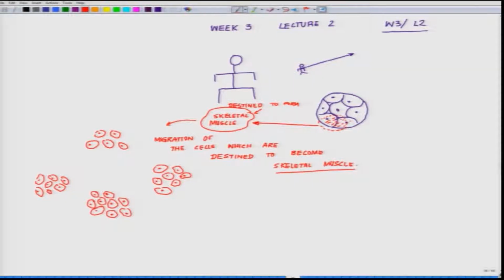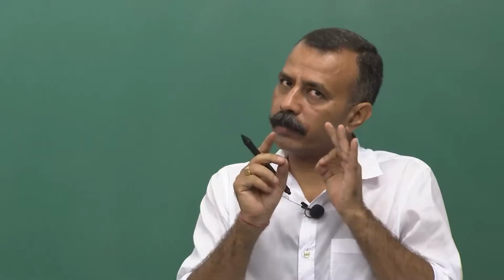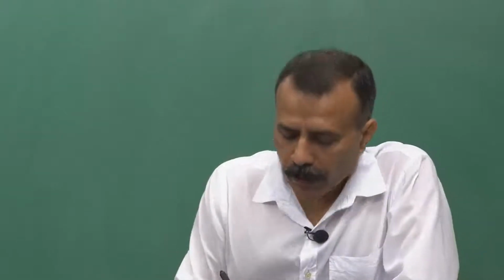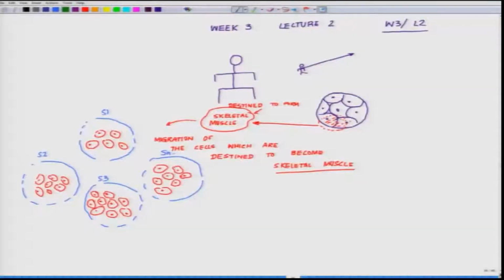These are different sites. I am putting blue bordering as S1, S2, S3 and Sn. Now we will try to figure out what is happening at specific sites.